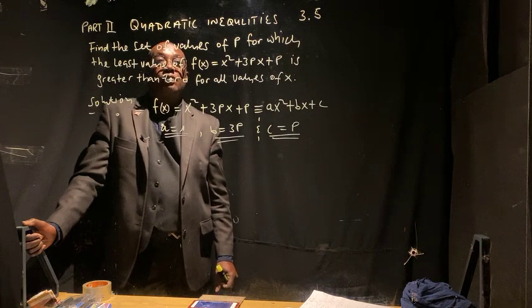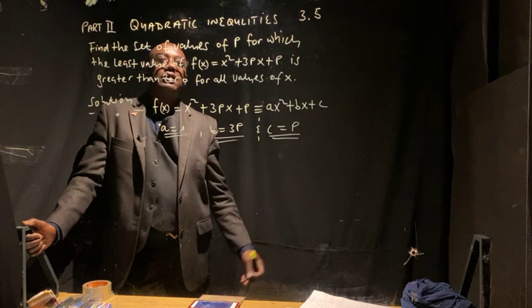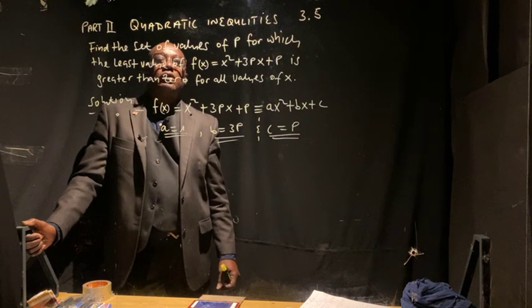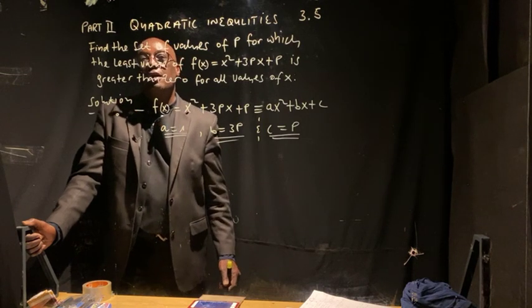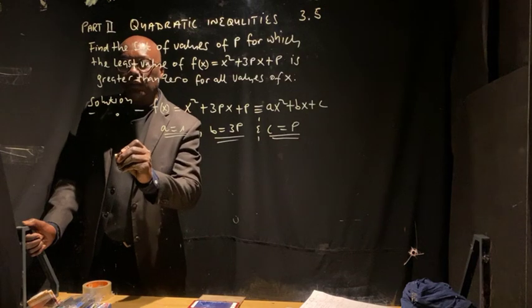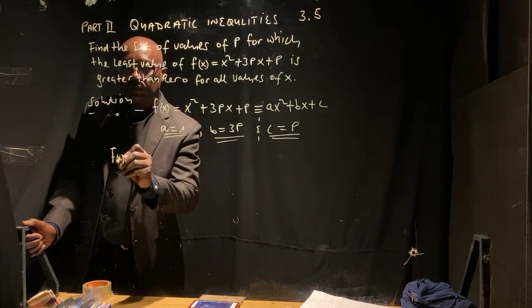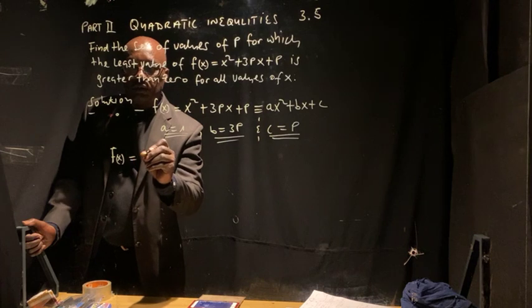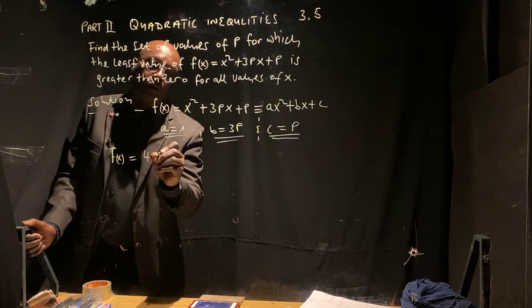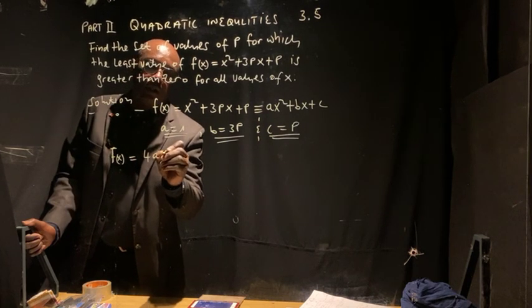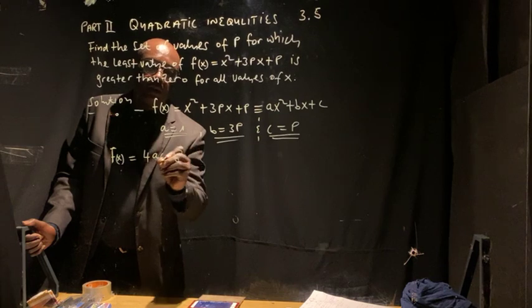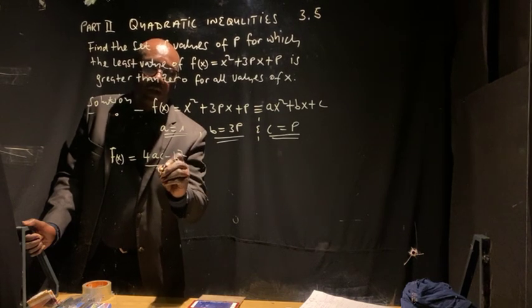But in the course of those studies, we came to a point and found that f of x minimum is always equal to 4ac minus b squared over 4a.